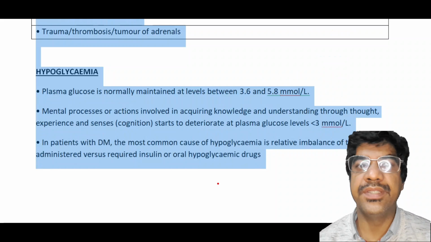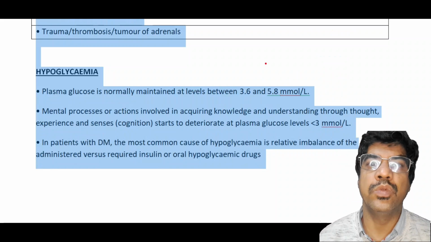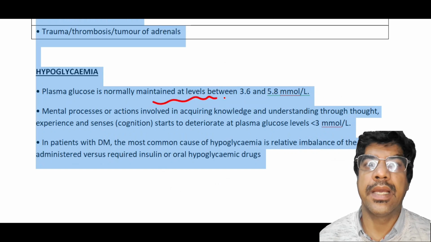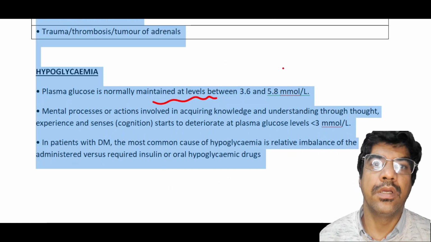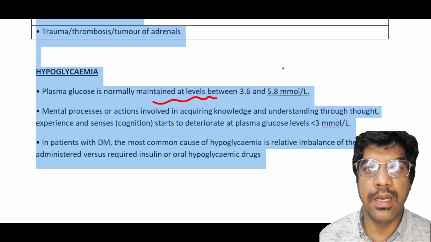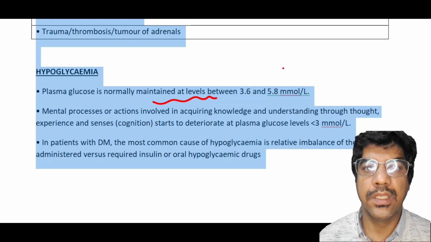Other is the hypoglycemia. Hypoglycemia refers to the low blood glucose level, and it can have a significant effect on the brain. So we know that hypoglycemia would affect the mental and cognitive functions.